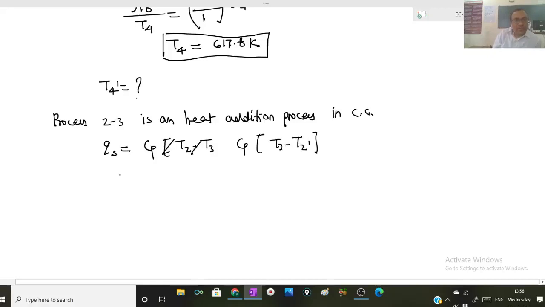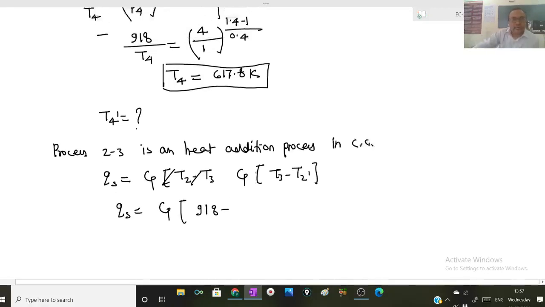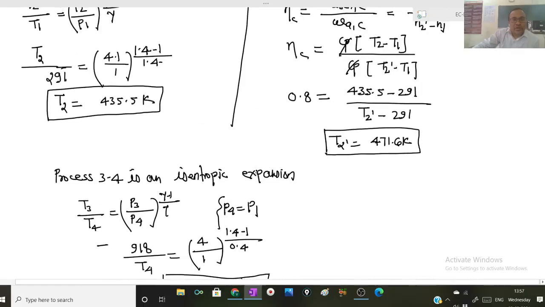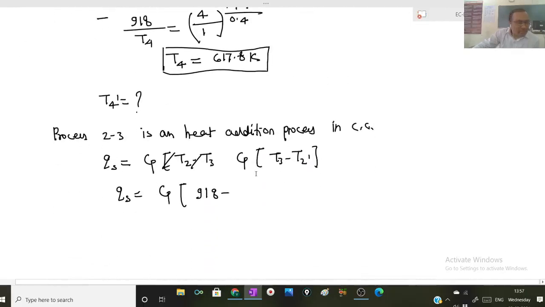So heat supplied is Cp times T3, which is 918, minus T2 dash, which is 471.6.